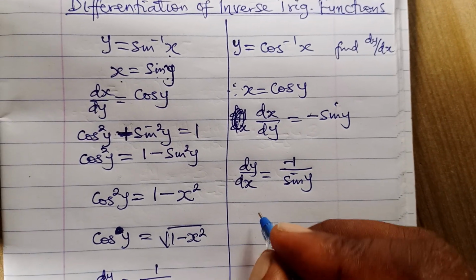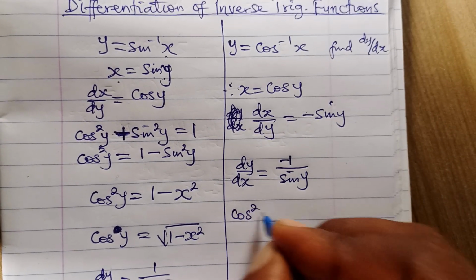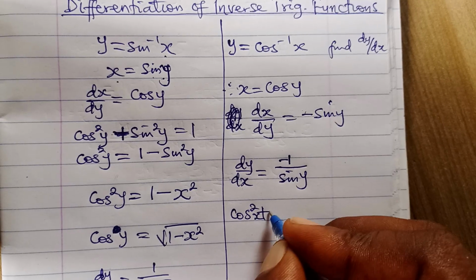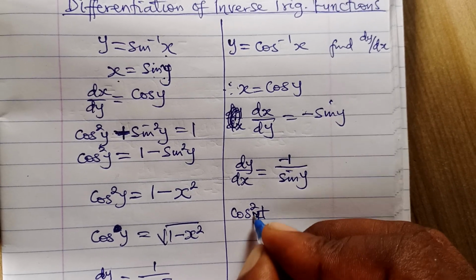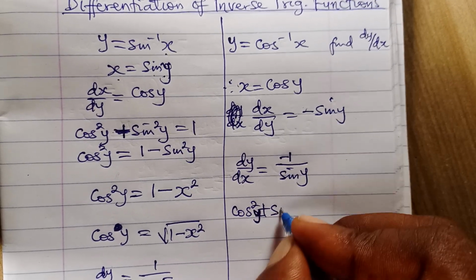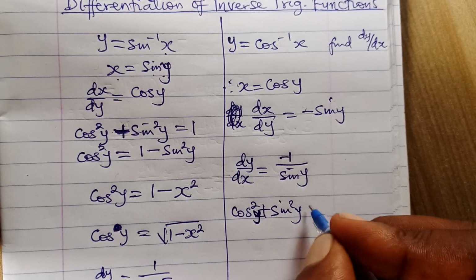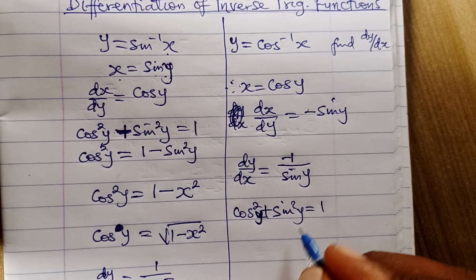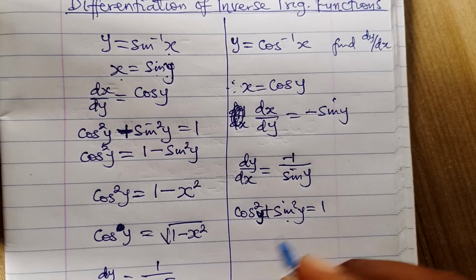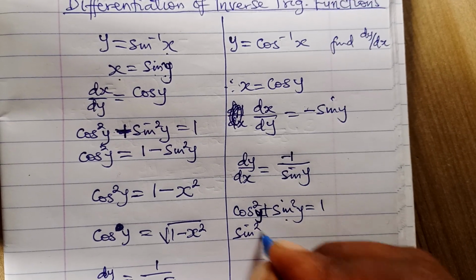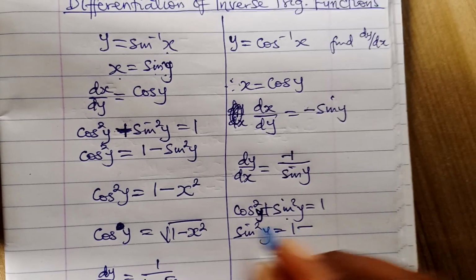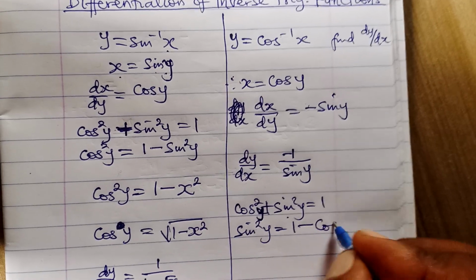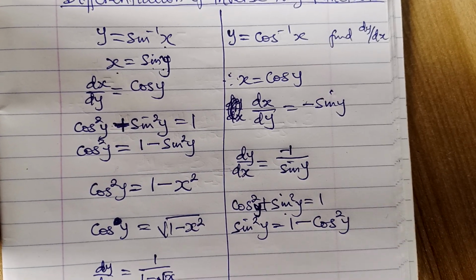Still using the same trigonometric identity, cos square y plus sine square y equals 1, here we're making sine square y subject of the formula. Sine square y will now be 1 minus cos square y.